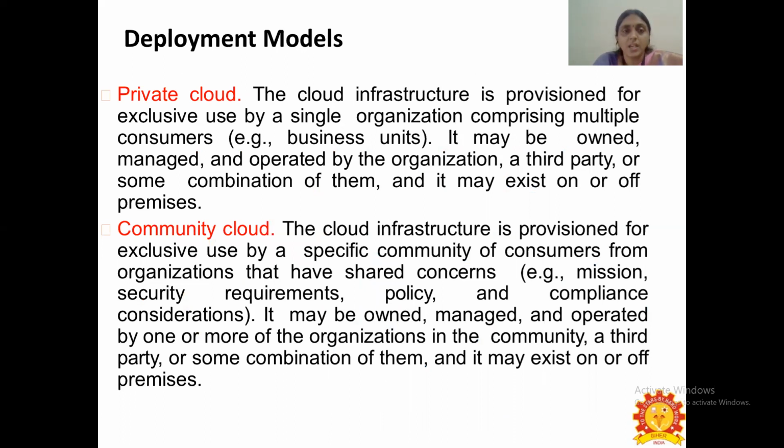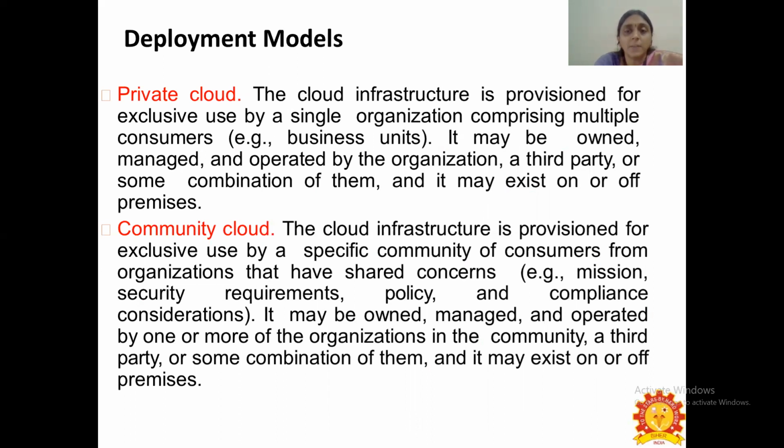And now we will see the deployment models. There are three deployment models here: private cloud, community cloud, and hybrid cloud. The private cloud is where the cloud infrastructure is provisioned exclusively for a single organization, which may comprise multiple consumers, that is, employees of the organization.